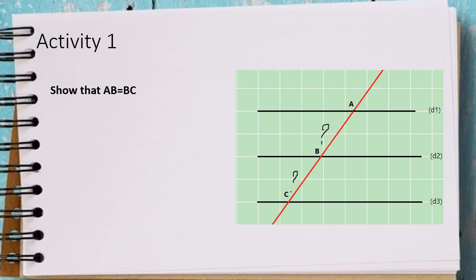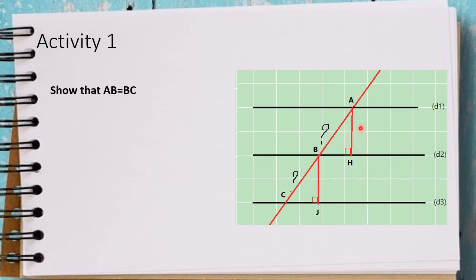We have many methods, but we are going to prove it in one of them, which is to draw a height from A to the line D2. It cuts it in H, and another height from B to the line D3. It cuts it in J. So we want to prove BC equals AH.